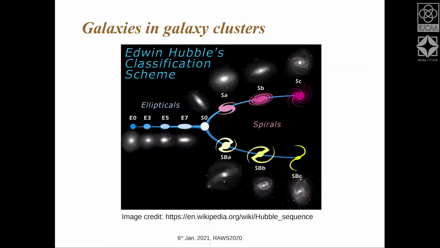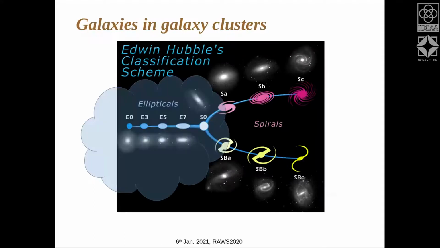So coming to galaxies and galaxy clusters, you may have come across Hubble's classification scheme of different galaxies. In galaxy clusters, what you will come across are mainly elliptical galaxies and S0 galaxies, as compared to the fraction of spirals and barred spirals, etc. In any picture of a galaxy cluster, you will immediately notice a large number of elliptical galaxies.